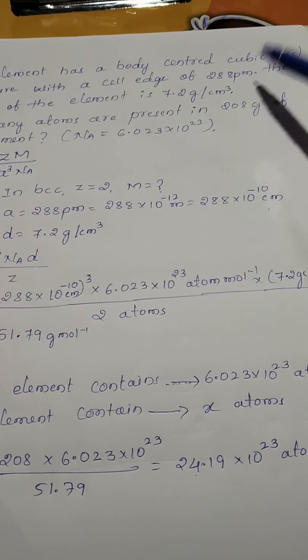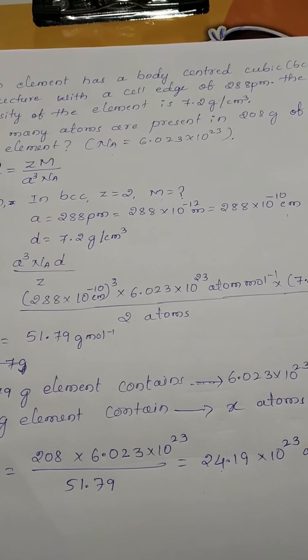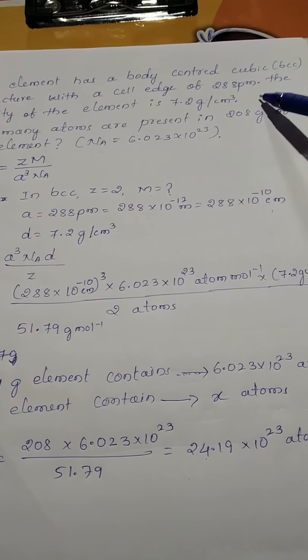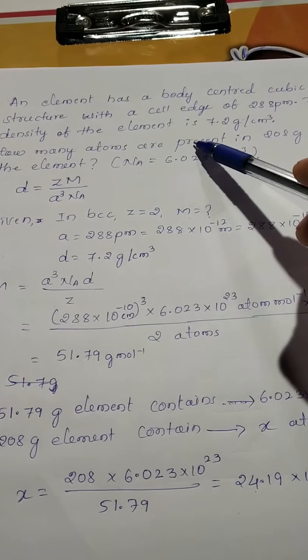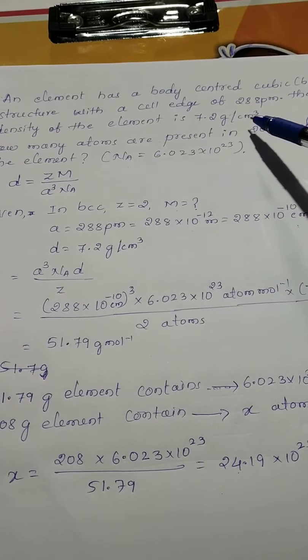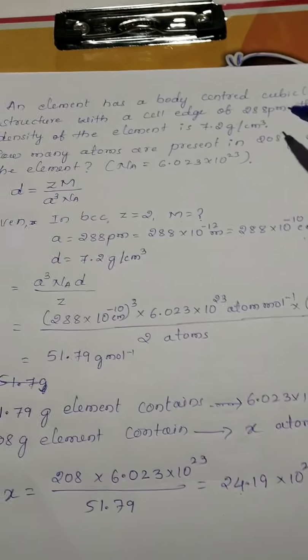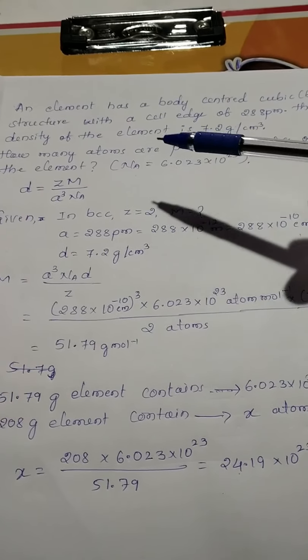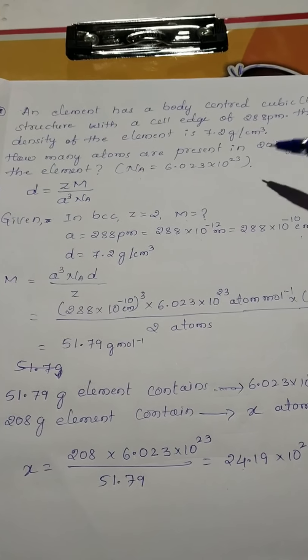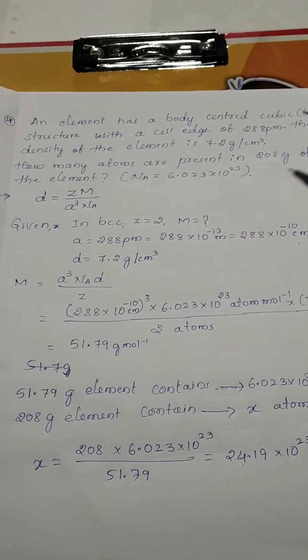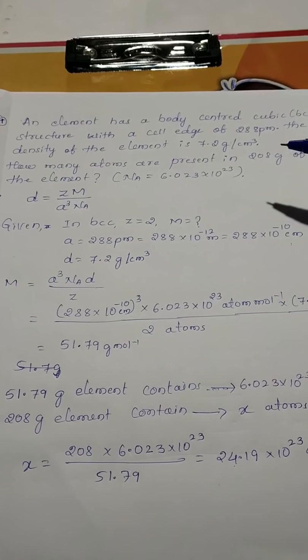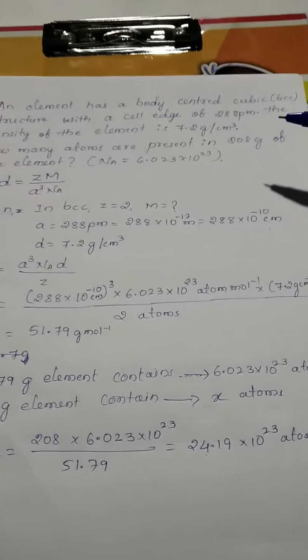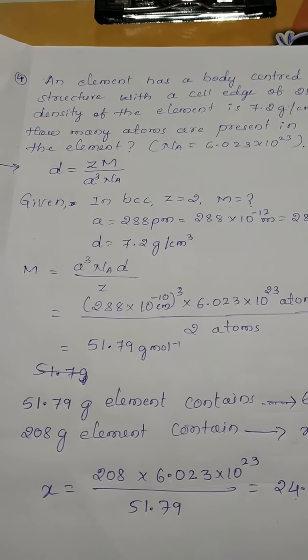You have to convert this into centimeter. The density of the element is 7.2 gram per cm cube, meaning they have given d. How many atoms are present in 208 gram of the element?